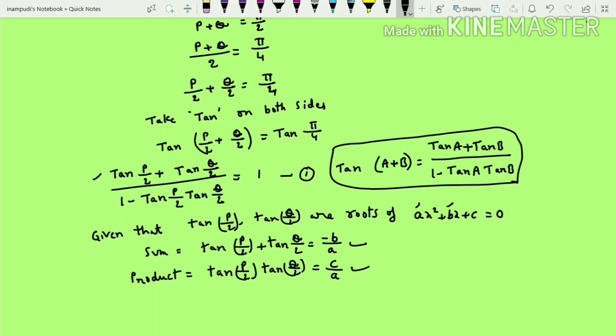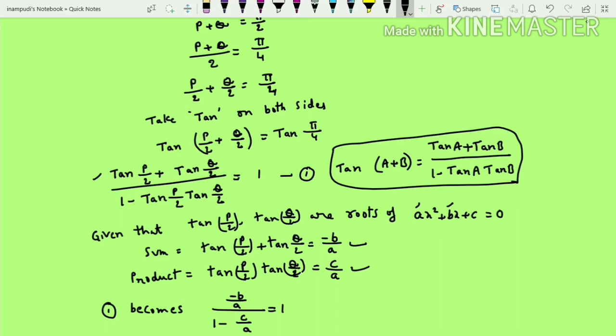Here we substitute these values in equation 1. Numerator becomes minus b by a, divided by 1 minus c by a, equal to 1.